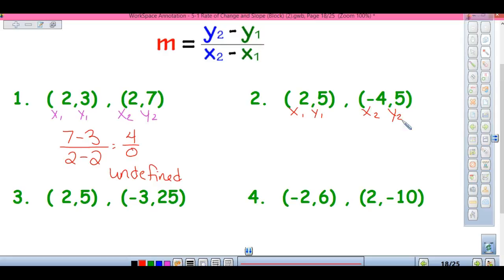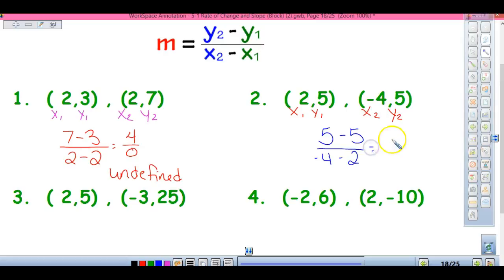So if we look at number 2, x1, y1, x2, y2, I'm going to start calling on people. Alyssa, what's my y2? It's 5. Minus what, Sydney? 5 over x2? Negative 4 minus Rania? 2.